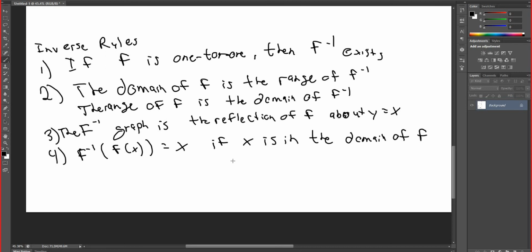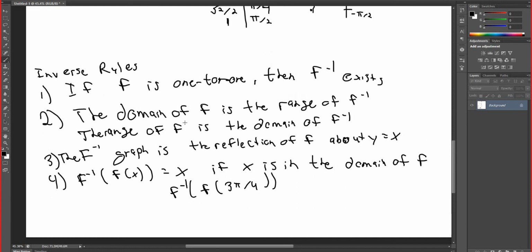So what this means is if I had an angle, say 3 pi over 4, and I was trying to do f inverse of f of 3 pi over 4, I can't actually use this rule here because 3 pi over 4 is greater than pi over 2.